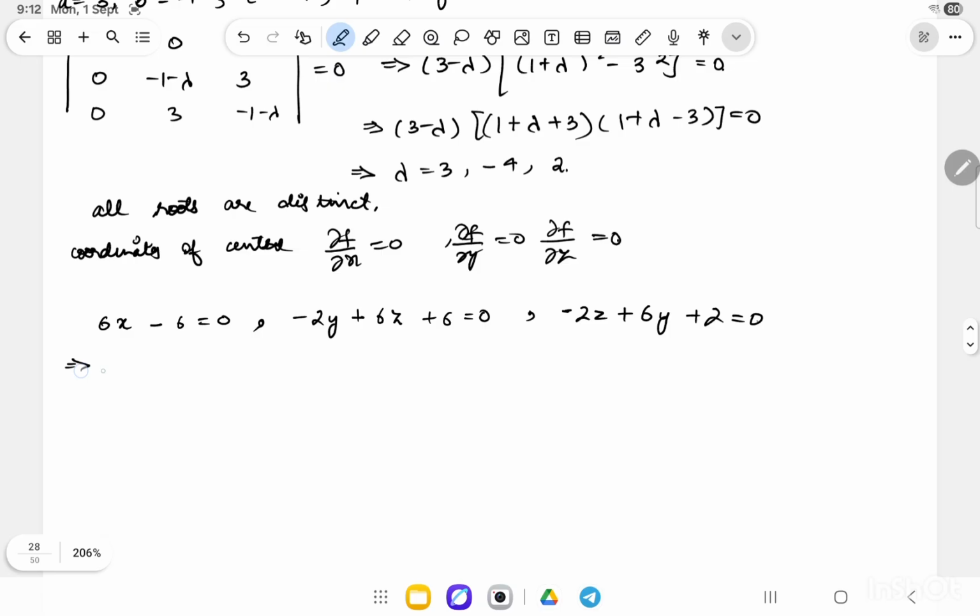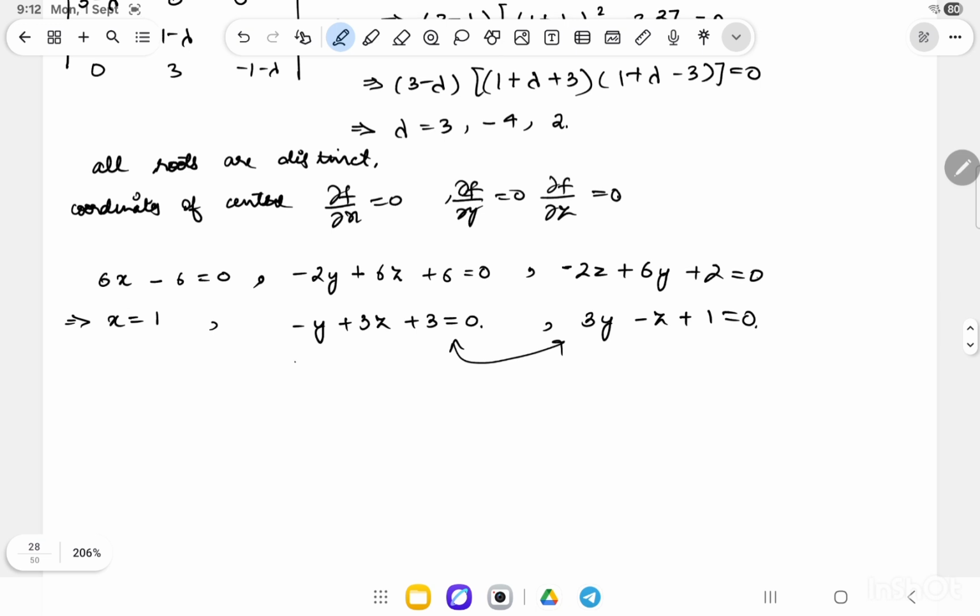So if I solve it, I'll be getting x equals 1, and minus y plus 3z plus 3 equals 0, and the third equation is basically 3y minus z plus 1 equals 0. Now I can solve these two equations to get the values of the y and z coordinates of the center. So from this one, I'll be getting y equals 3z plus 3.